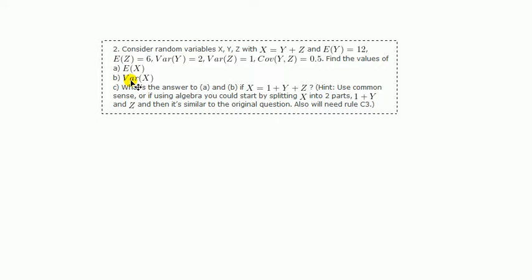Note, in this question we're not told whether these random variables are discrete or continuous, and we're not told what their probability mass function or probability density function is, so we can't go and use the formulas for expectation.